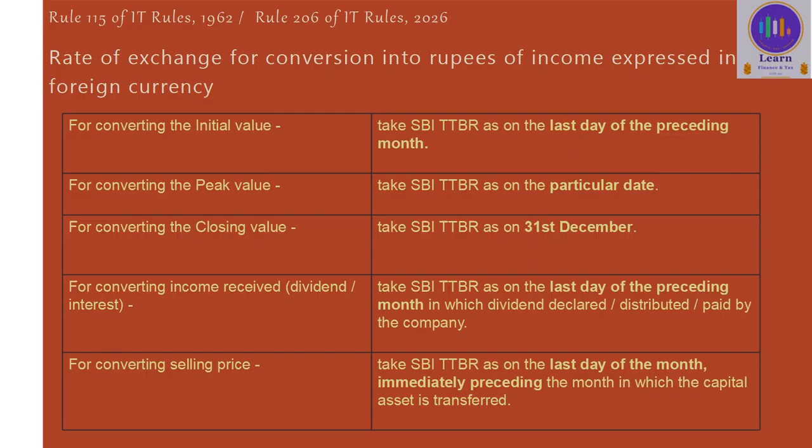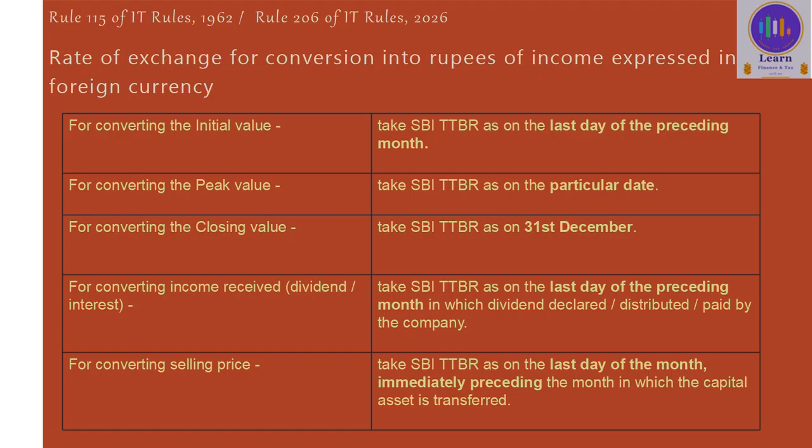For converting the foreign currency amount into Indian rupees, we use Rule 115 of the old IT rules or Rule 206 of the new IT rules. For converting the initial value, you take the SBI TTBR as on the last date of the preceding month.